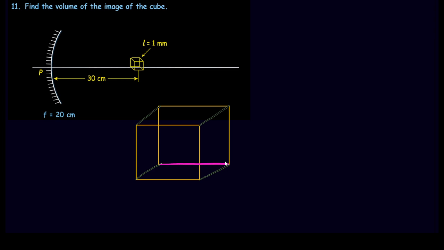Yes or no? And the remaining two dimensions, let's observe carefully. This is the principal axis. If I call this the x-axis, next we can call this the y-axis, and the third one is my z-axis. We are assuming the principal axis is the x-axis.